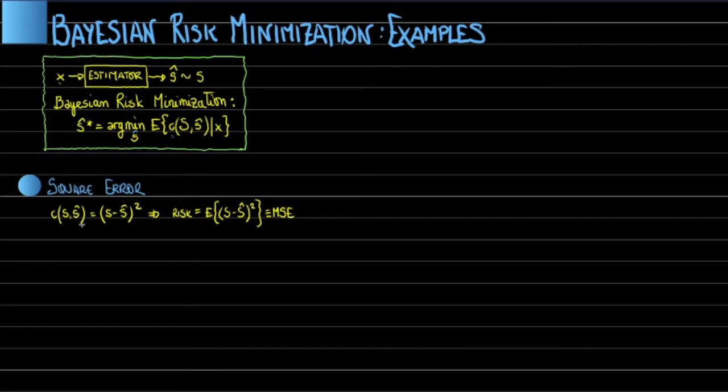Okay. So the estimator will be called S hat sub MSE, and according to the general solution, it will be given by the value minimizing the expected value of S minus S hat to the square given x.